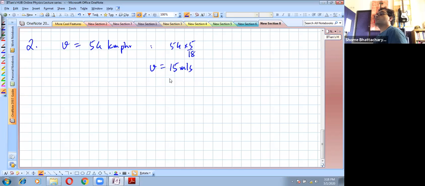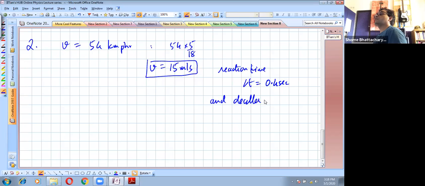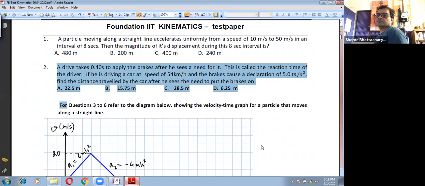That is the velocity with which it is moving. Now it has a reaction time delta t of, I think, 0.4 seconds, and a deceleration rate of 5 meters per second squared. So this is the data of the question.